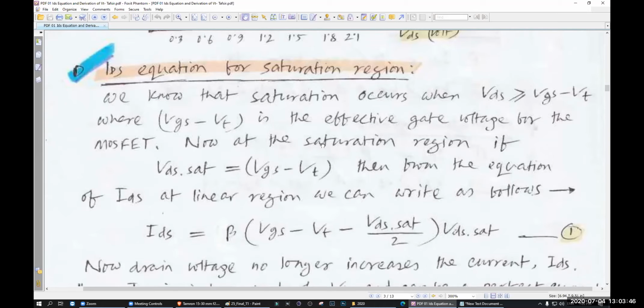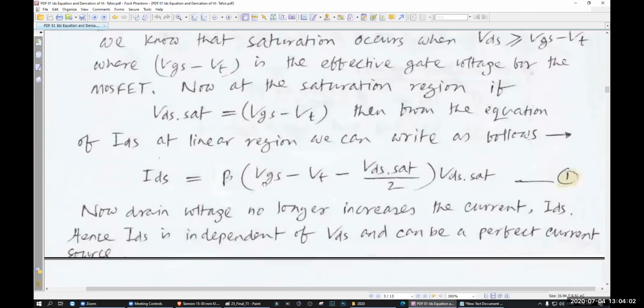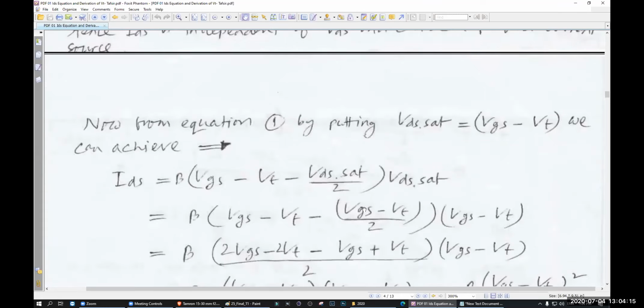Now, at the saturation region, if VDS is equal to VGS minus VT, then the equation of IDS of the linear region can be written as follows. So IDS is equal to beta times VGS minus VT minus VDS by 2, into VDS, right? In place of VDS, we can write VGS minus VT. Can we write that?